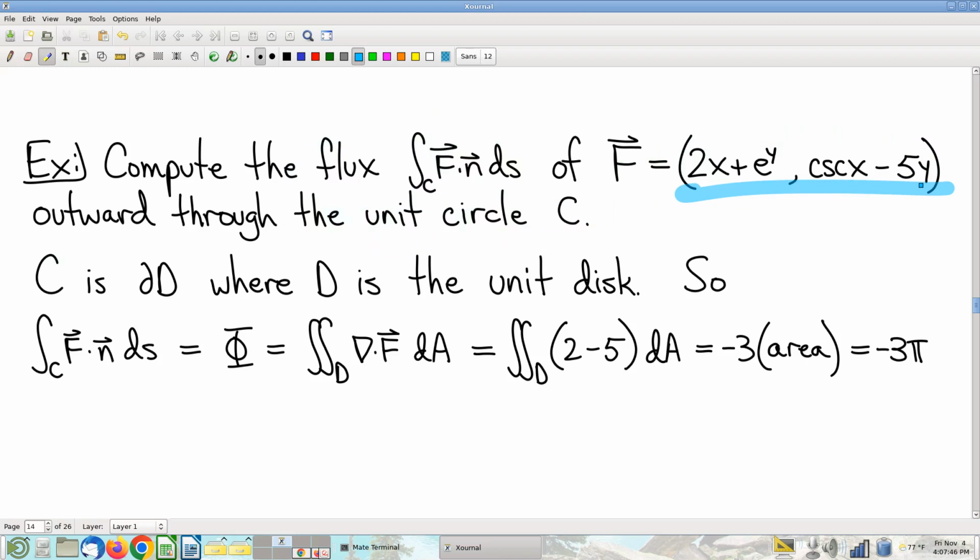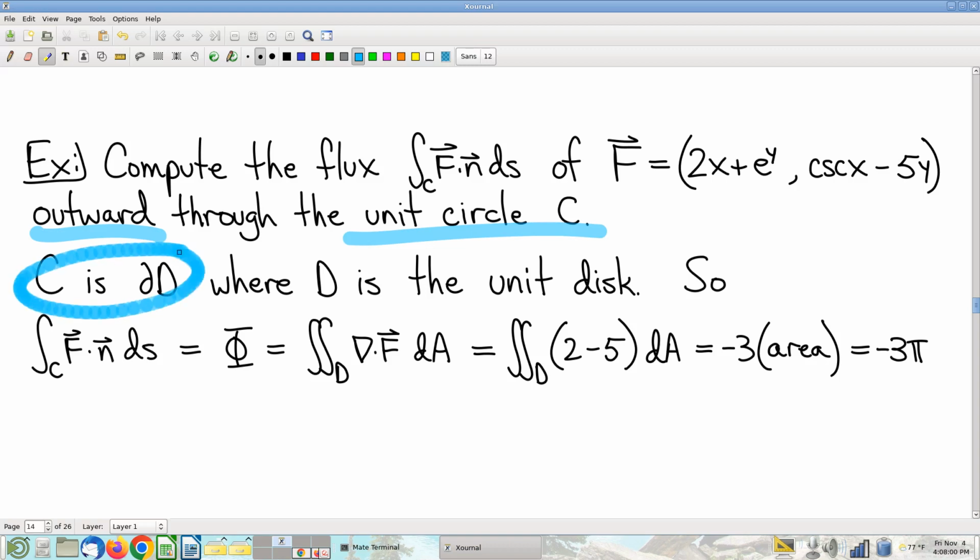Trig in these places would get weird, right? Flux outward through the unit circle. Outward-oriented unit circle is a boundary, right? It's the boundary of the unit disk.